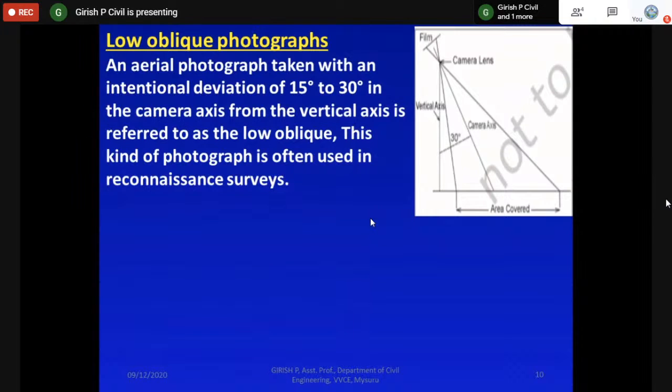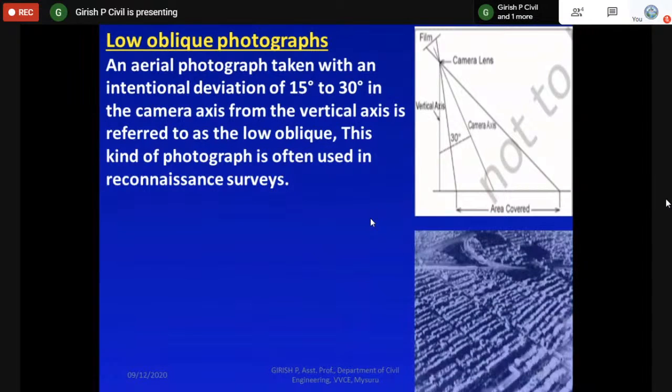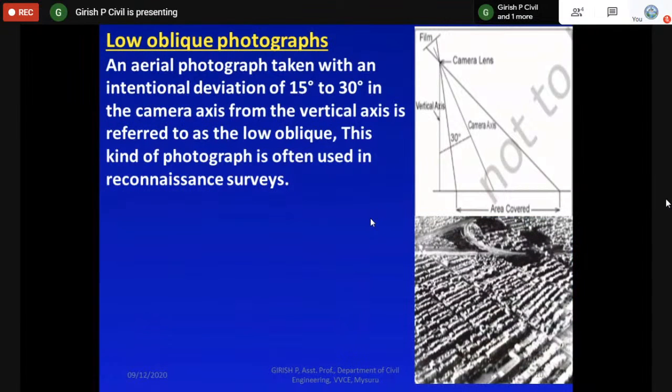With respect to that vertical axis, there is an intentional deviation of 15 to 30 degrees, and the photographs taken for a particular area show the images of that area. Such photographs are very important, particularly in reconnaissance surveys.